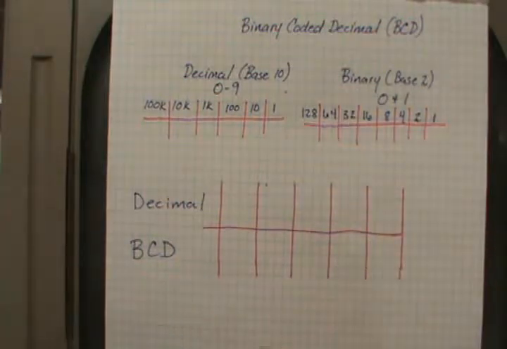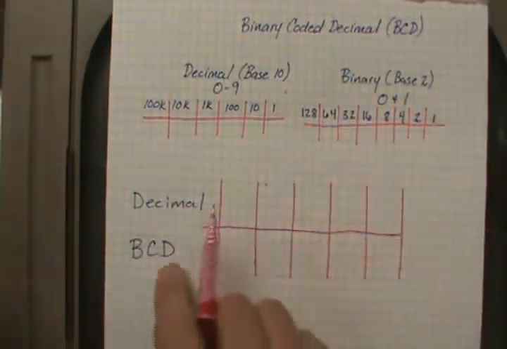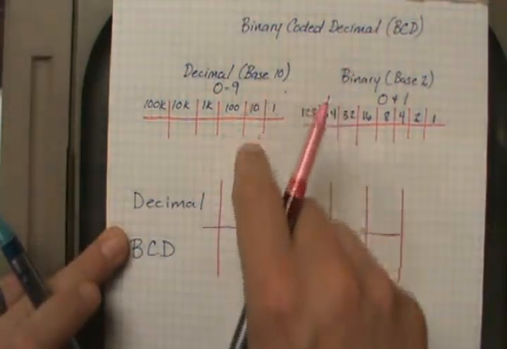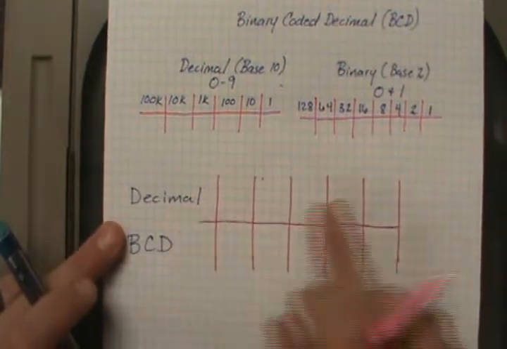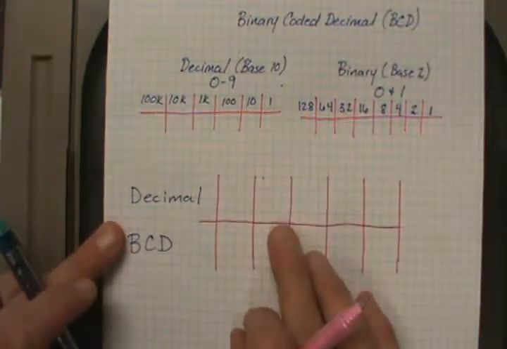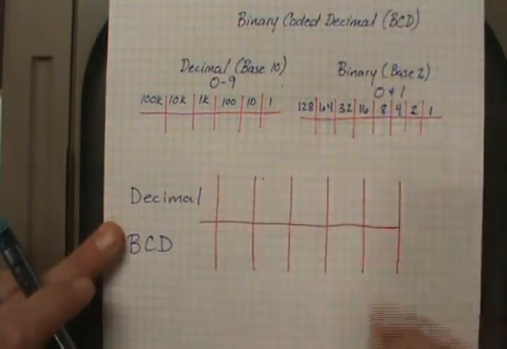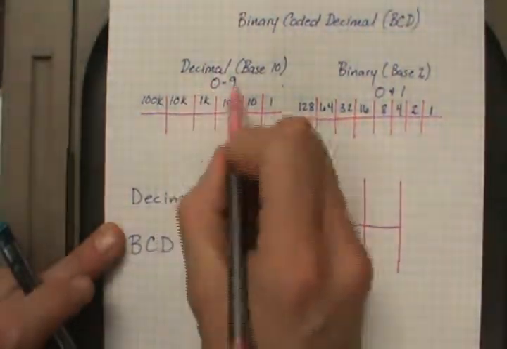BCD represents each decimal digit, each number that would normally occupy the ones, the tens, the hundreds, and so on, not in a linear path as with typical binary, but as 4-bit digits to represent that actual digit.